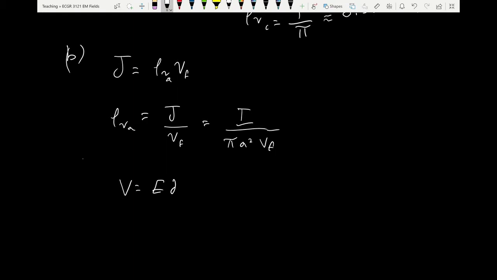So D is known. So E is V over D. This is the voltage, 1000 volts, and D is known as 20 millimeters.